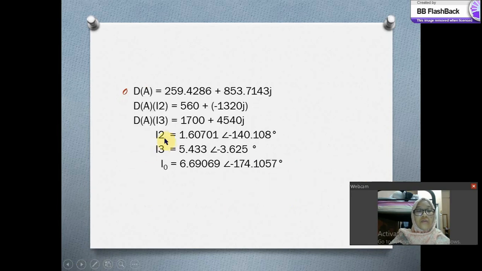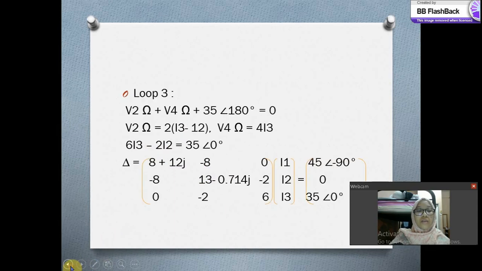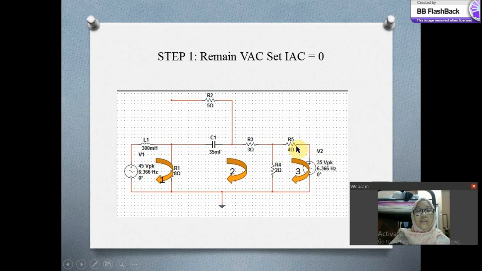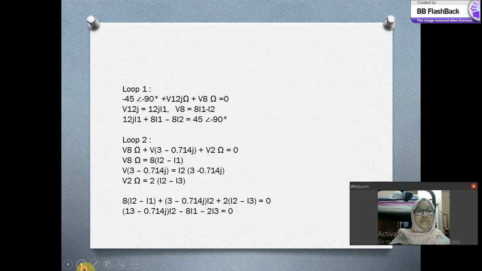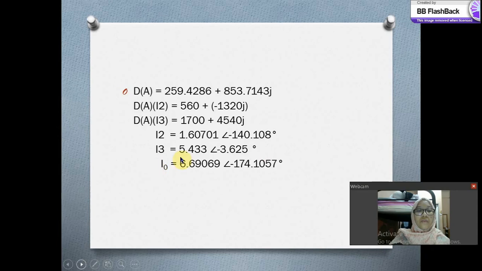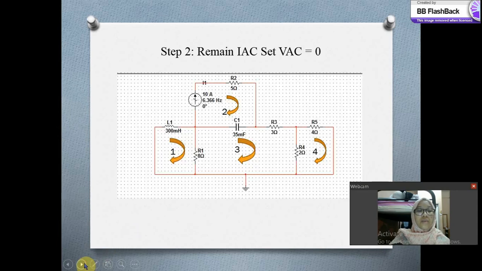So this is the value for I2, I3 and I0. I0 is I3 minus I2 because we are going to find the voltage drop and the current across resistor number 4. So we got the value for I0 first for step number 1.